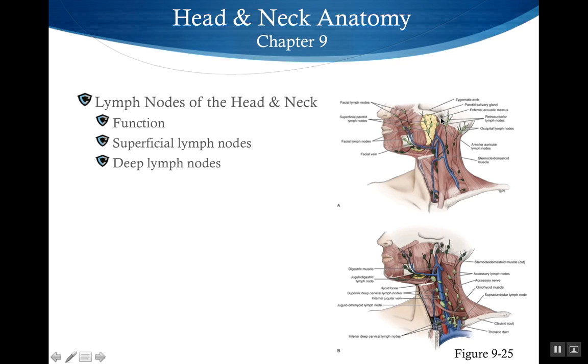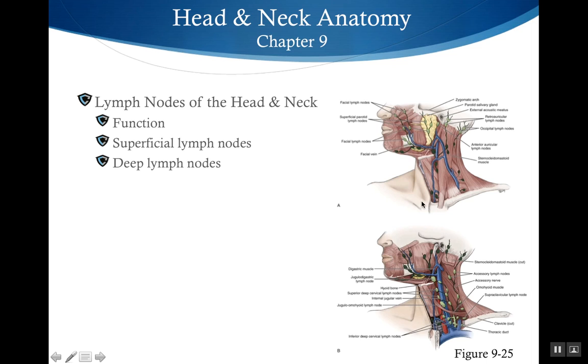Those right here, you can see your reference point here is that external auditory meatus. So you've got your retroauricular, your anterior auricular, and then you've got the superficial parotid. Those are right around the parotid gland here, which we talked about when we were discussing saliva. And then you've also got various facial nodes throughout the face here.